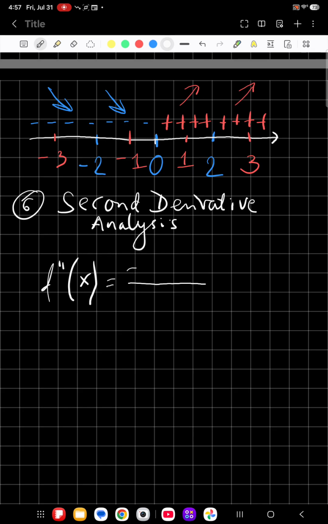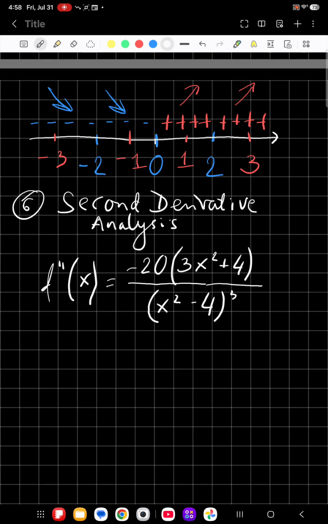It's -20, and then the top is that parenthesis 3x squared plus 4, and the bottom is x squared minus 4, to the 3rd power.